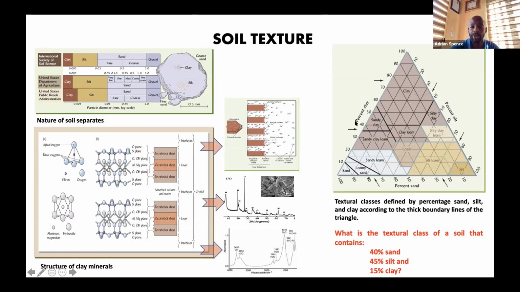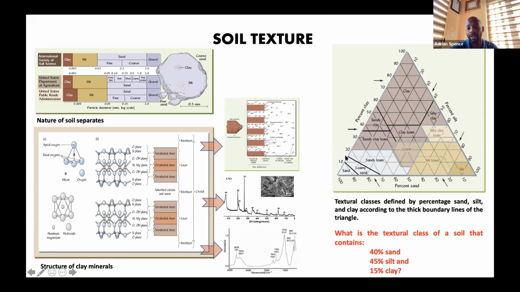It looks at percentage clay, percentage silt, and percentage sand. Generally there are several divisions demarcated here with these thick lines, and each of these gives an indication of the proportion of clay, sand, or silt that is present. So for example, if you look at this composition here, 40% sand, 45% silt, and 15% clay.